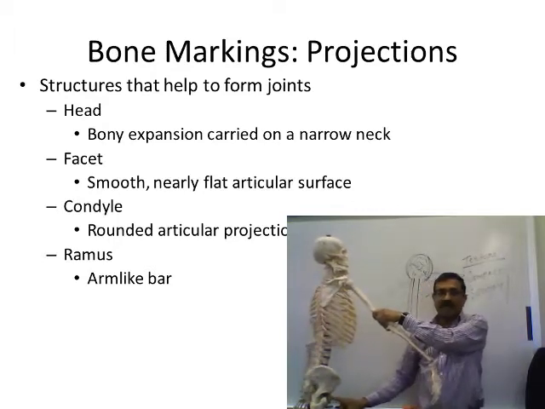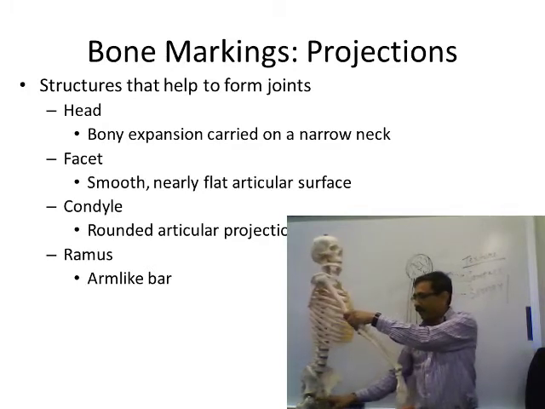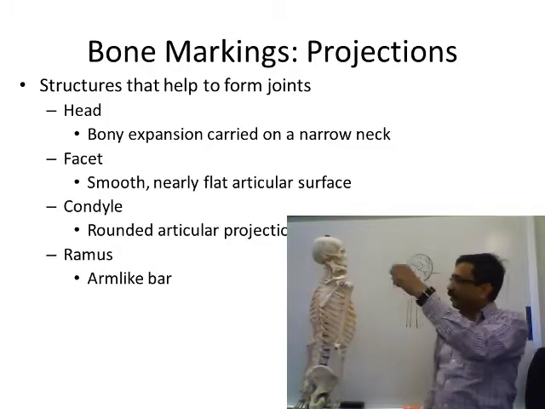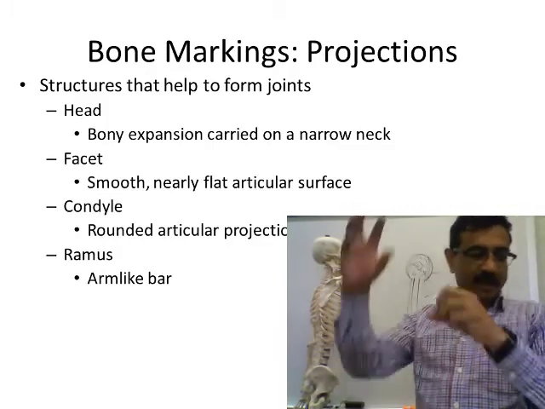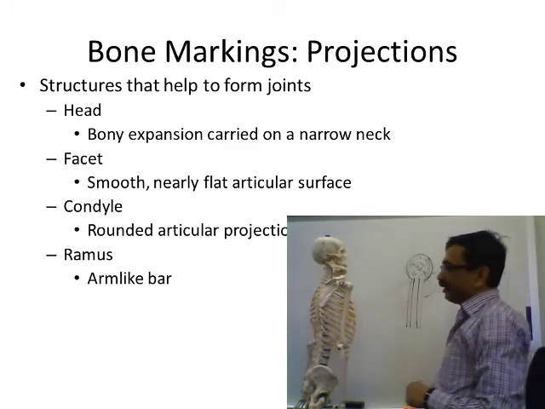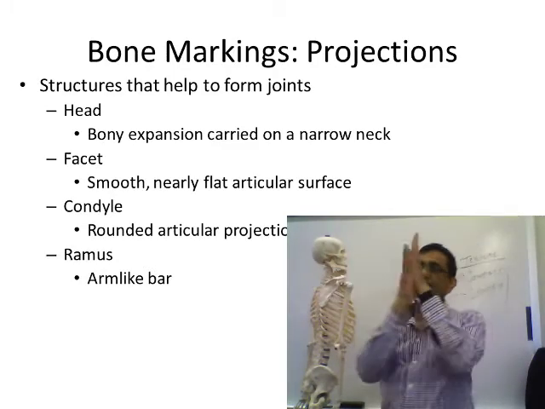This is the head of the femur, you know that forms the hip joint, right? So the head is the part that forms the joint. Facet: smooth, nearly flat surface.